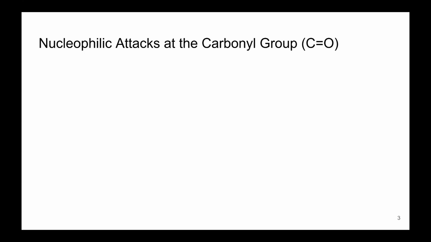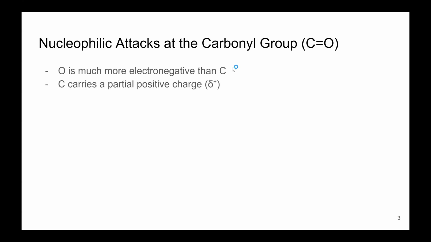So now that we are clear on what equilibrium means, we are going to move on to talk about nucleophilic attacks at a carbonyl group. So why do we call it nucleophilic attack? Well, because oxygen is much more electronegative than carbon, so the carbon will carry a partial positive charge, because the bond pair between the carbon and oxygen is much more attracted to the oxygen than the carbon.